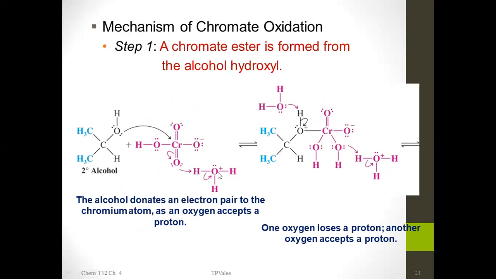Here, we actually have the hydronium ion already forming your chromous acid, not a chromic acid, but a chromous acid, CrO3, not CrO4. So we actually get HCrO3, a chromous acid.